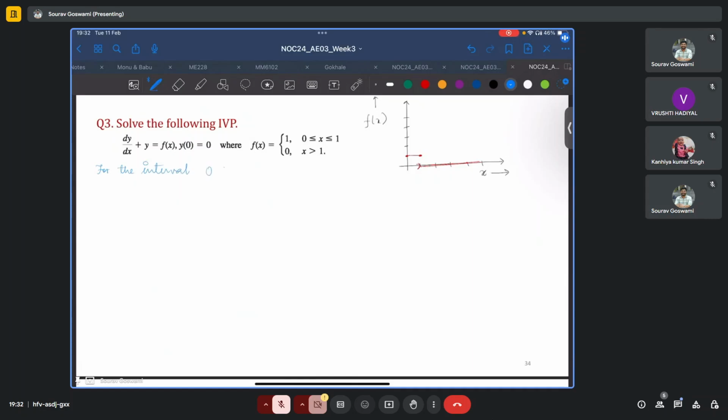For the interval 0 less than or equal to x less than or equal to 1, dy/dx plus y is equal to 1. And let us see if this fits any of the standard forms known to us.